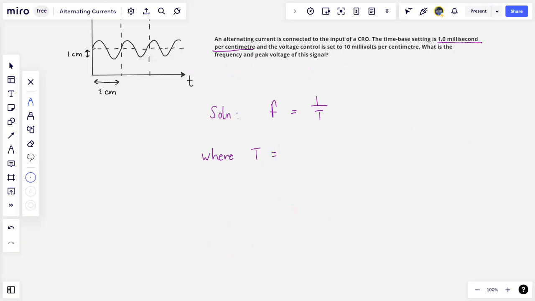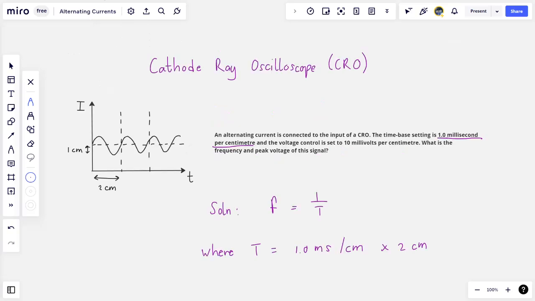So what I have is 1 millisecond for every centimeter, and then I can multiply it by this distance, which is 2 centimeters. Why am I multiplying it by 2 centimeters? Because a complete cycle that I'm highlighting now happens in 2 centimeters. And it turns out this pattern is repeating. Every 2 centimeters is a complete cycle.